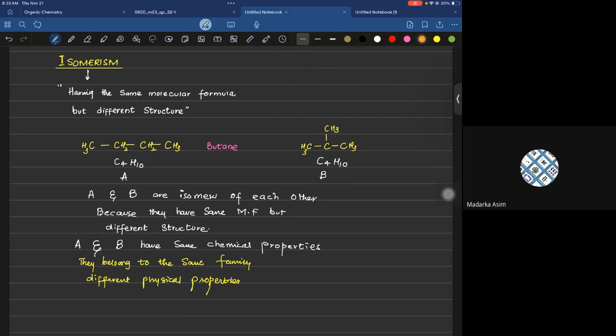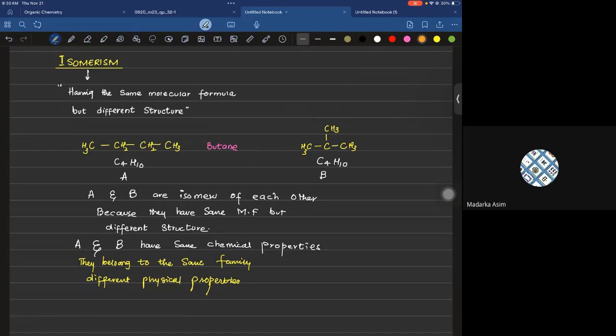Because the surface area is different. If the surface area is different, what does it mean? The physical property would be different.